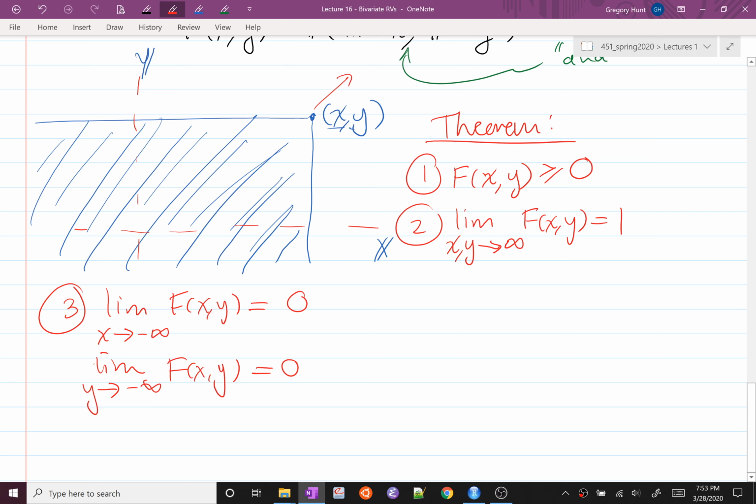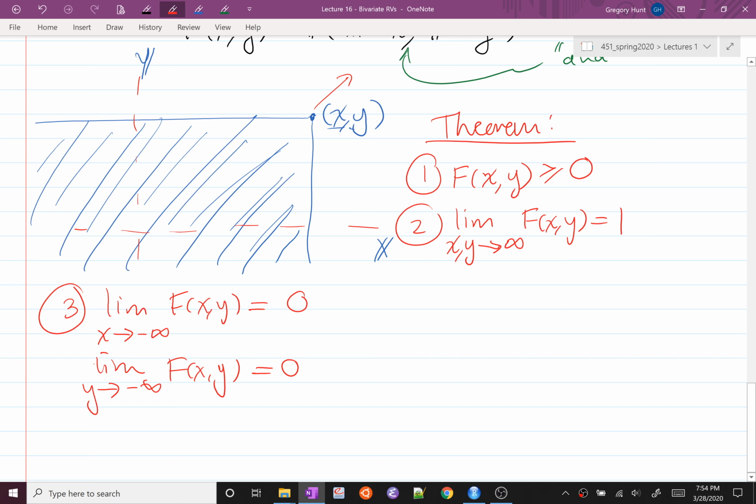So in this case, it's a little more nuanced. If either of the arguments, x or y, goes to negative infinity, then the whole thing goes to 0. Okay, and that's the analogous property as in the univariate case. If we send x to negative infinity, the CDF must go to 0. So it starts off at 0, and if both of them go to infinity, then we get 1.